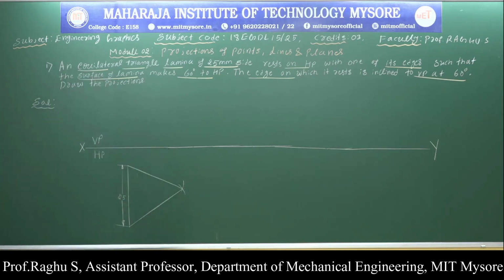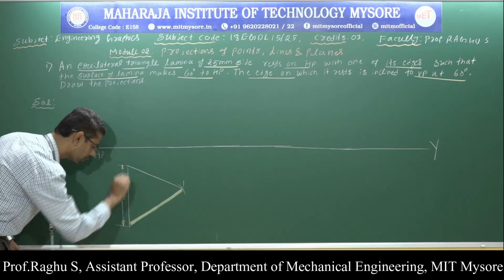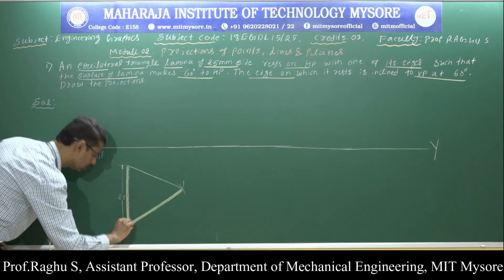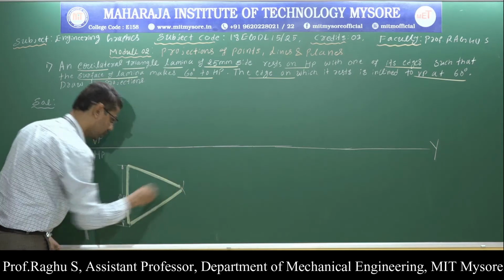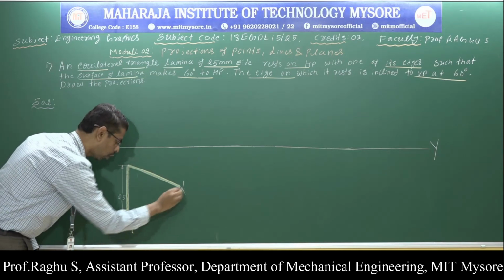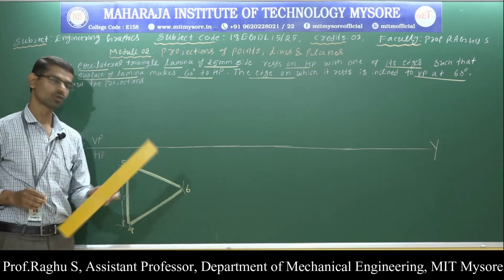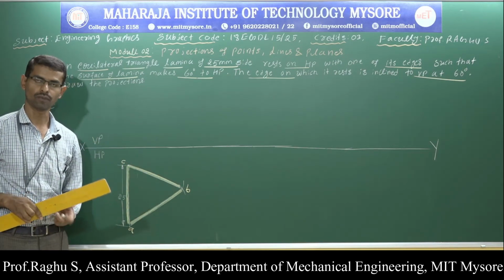Here the view must be dark. So this is the top view. It must be dark. Then do the naming: corner A, B and C. So I have completed the first position.